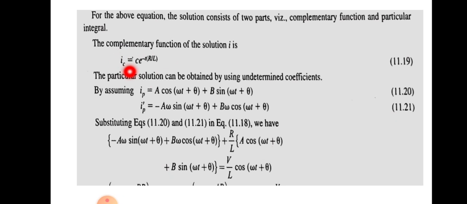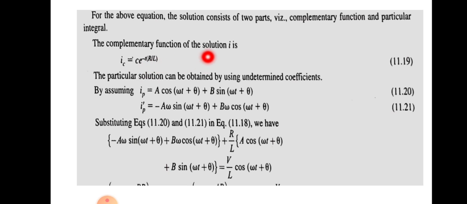You should remember this equation for a series RL circuit with sinusoidal input: the complementary function is IC equal to C e^(-tR/L).